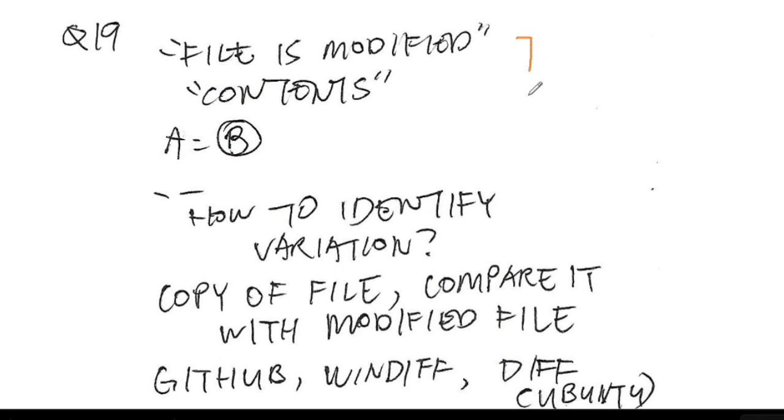We have to focus on these two, so we know that if the file has been modified, then the contents too would have changed. And of course, we have several tools that we can use to compare files. GitHub tells us if you uploaded something and there are parts that are not the same anymore, it'll tell you which ones you've changed. And this is really helpful if you're working with a team and each and every member is modifying a single file.